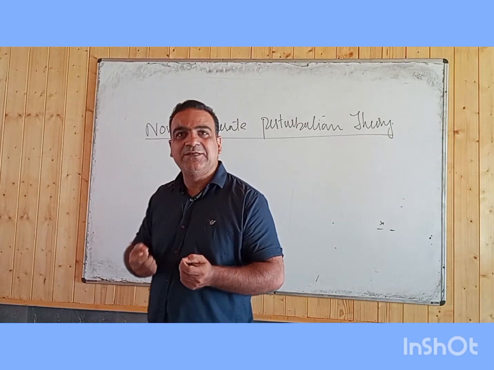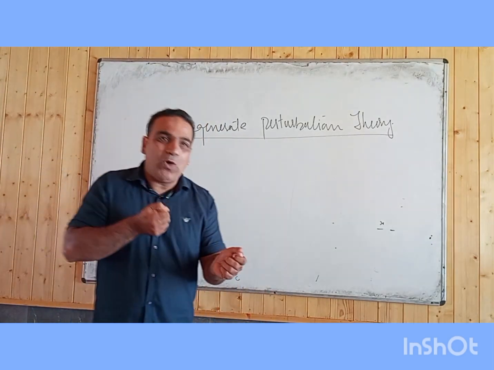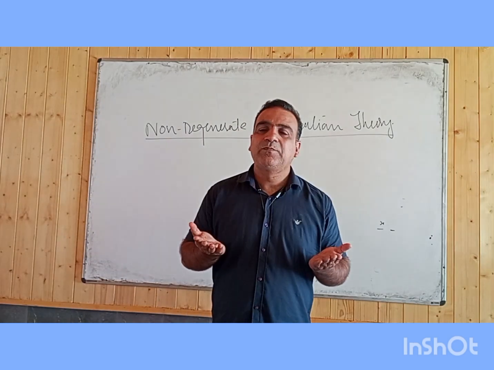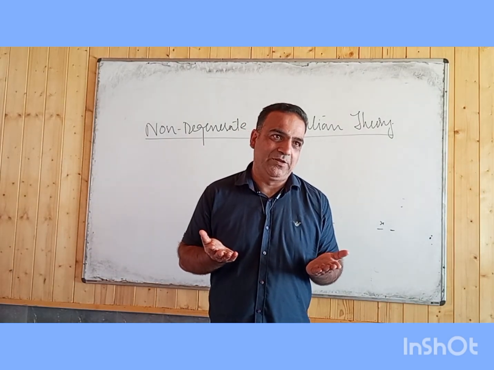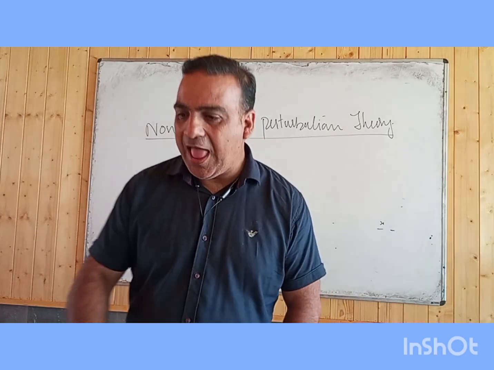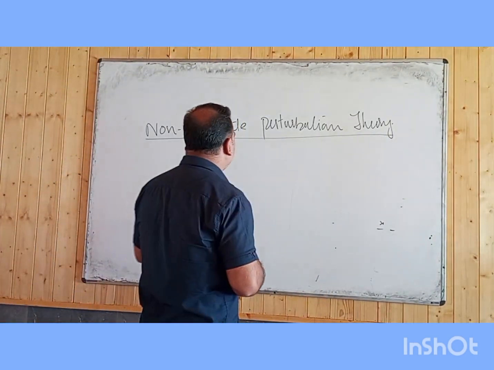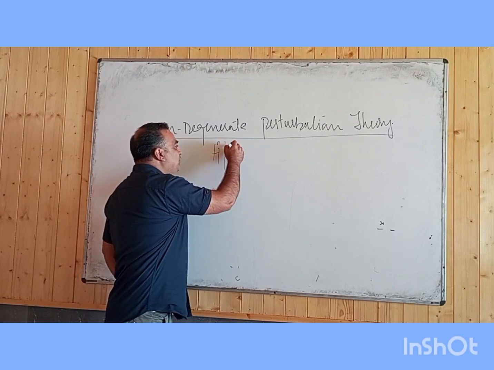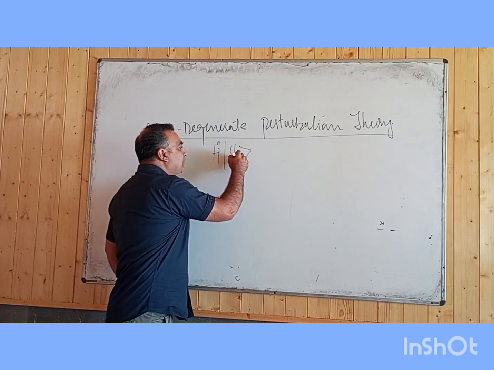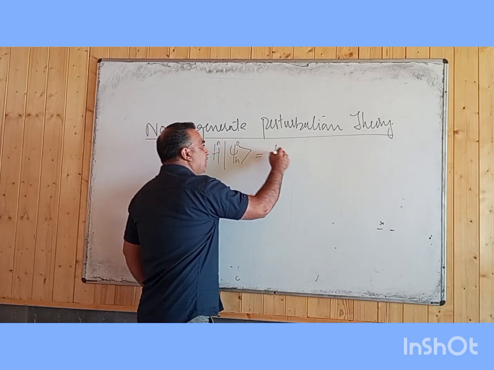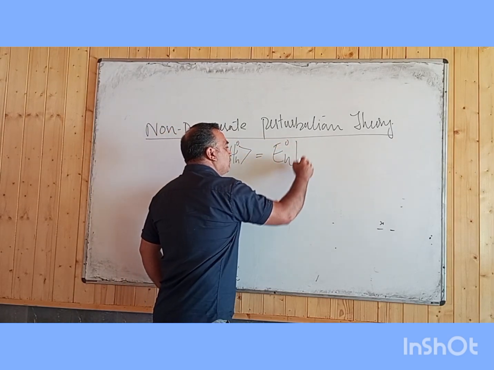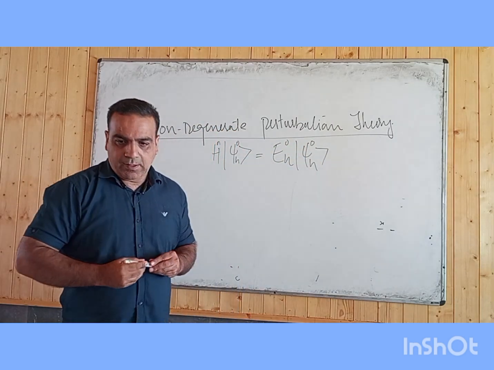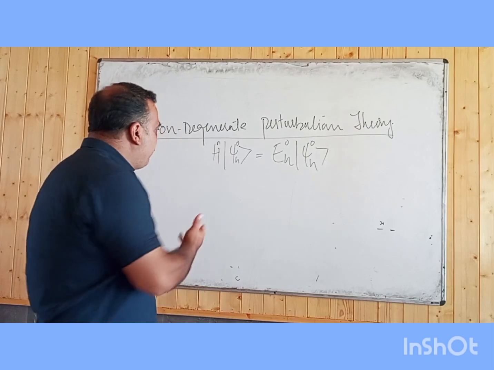Perturbation means a small disturbance. What we do here is we exploit the original unperturbed Hamiltonian. And so if I have the unperturbed Hamiltonian like this, we know everything about it.